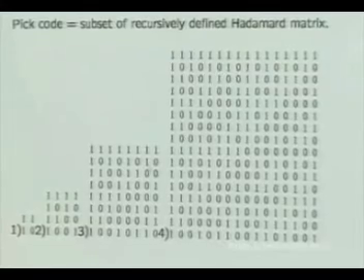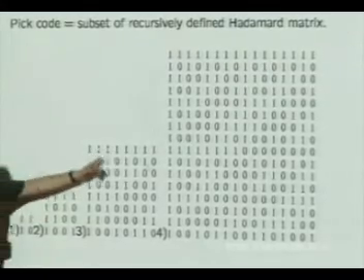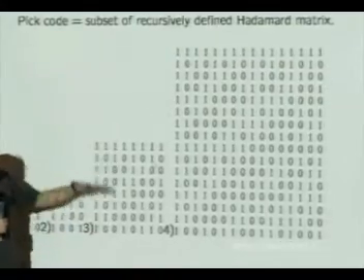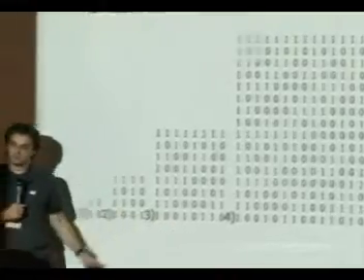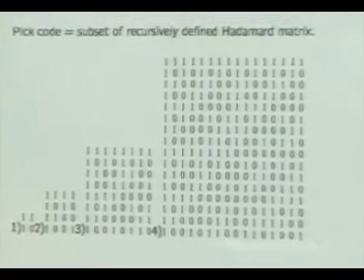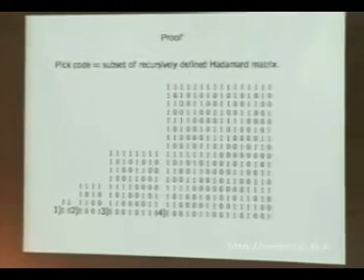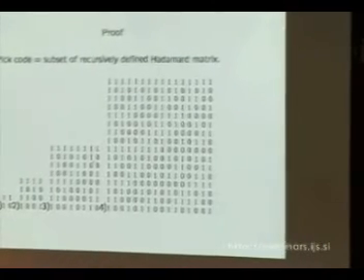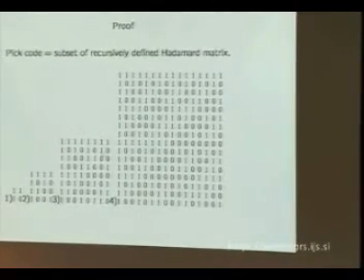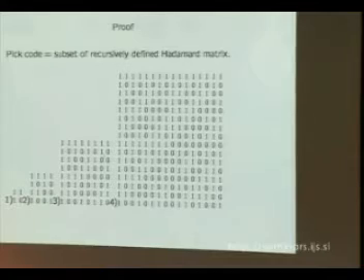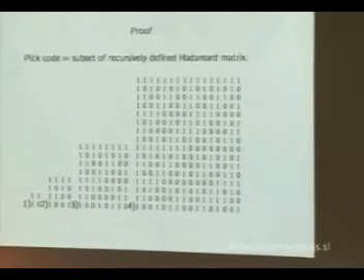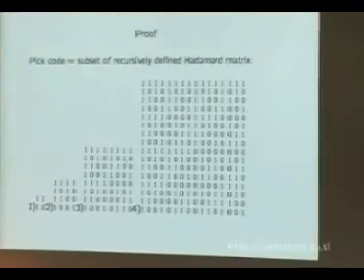And the claim is the distance between any two columns is at least half of the number of rows, which you can check if you want. It's true.